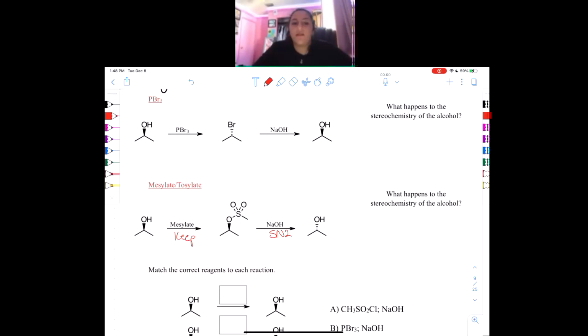In the second step, which is an SN2, we're going to flip. So overall, we have a flip in configuration, but with the other reagent, here we're going to flip and flip, so then we end up keeping the same configuration. Cool. I know it's really easy to flip-flop that in your brain, so any questions on this? Are we good?